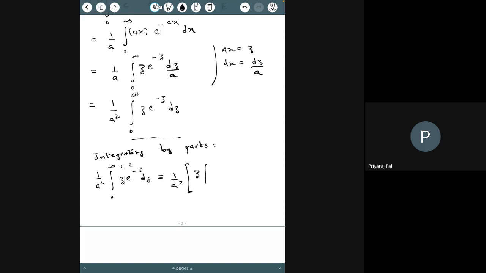First function times integration of second function, minus integration of the derivative of first function, that's 1, times integral of second function, and then another dz. This is equal to 1 by a squared, minus z e to the power minus z, and here I have minus integration e to the power minus z by minus 1, dz.